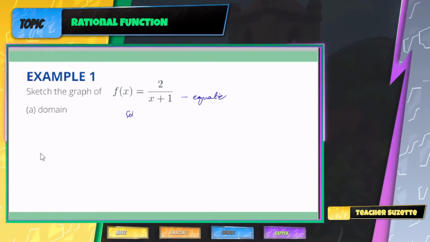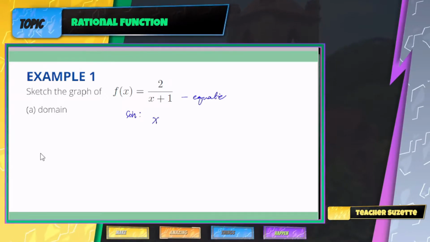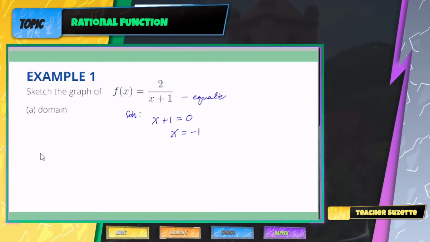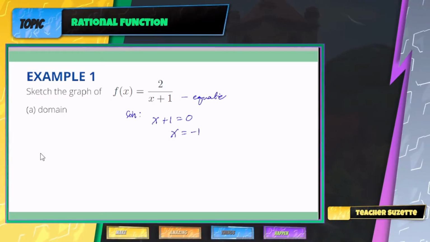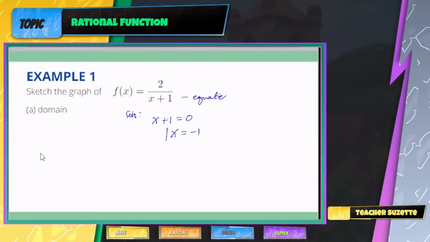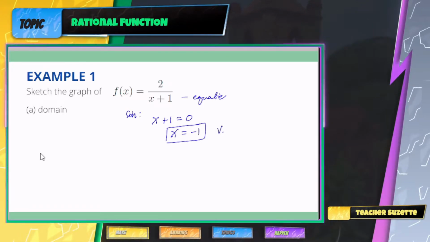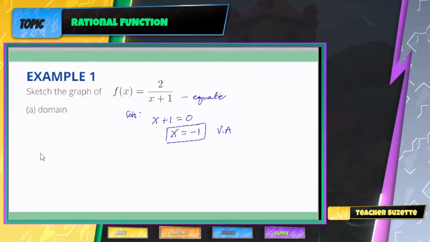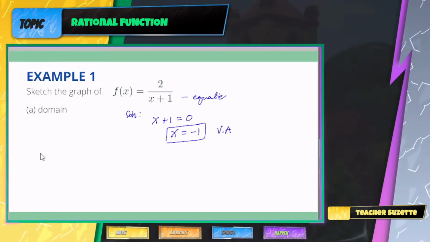So, solution, you will have x plus 1 is equal to 0. So, our x now is equal to negative 1. So, aside from the restriction, ito pong x is equal to negative 1 na natin, automatically, it will be our vertical asymptote. No?